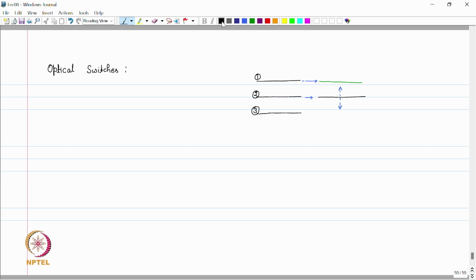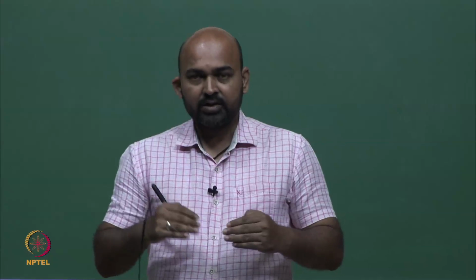However, we can use the prism which is like this. We have, let us say, these 3 fibers. Let us say this is input fiber and this is output fiber 1 and this is output fiber 2. Now, in this assembly, input fiber is carrying this optical wave which needs to be switched between output 1 or output 2.